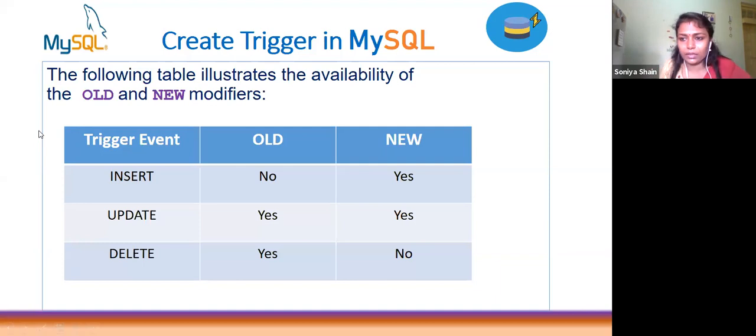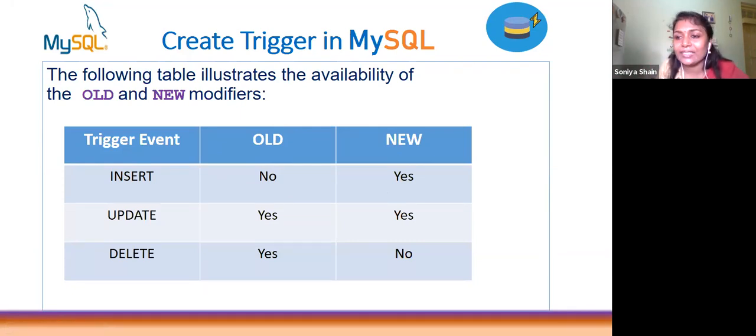So in that case, two cases can happen. Before insert means there is no old value. You have to see that. In an insert case there is a new value, but no old value because you are going to insert a new value. So old has no importance in insert, but new is there because you are inserting a new value.